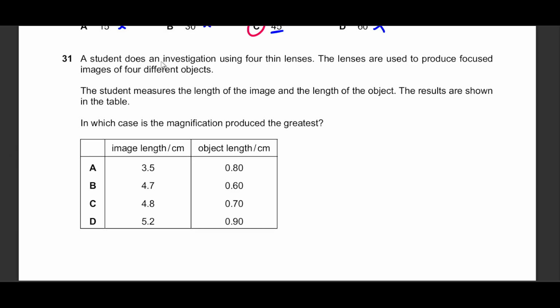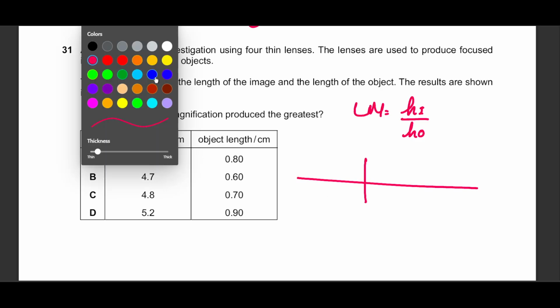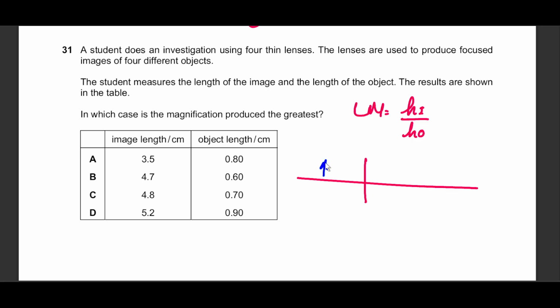Question number 31, it says a student goes on an investigation with lenses. Okay, fine. Now, this is a new question in terms of how to check the magnification. There are two formulas. Linear magnification is height of image, how high it is, divided by height of object. For example, if this is the object, the height is HO, and this is the image, this total height will be HI.